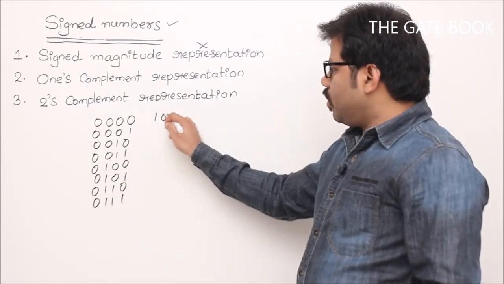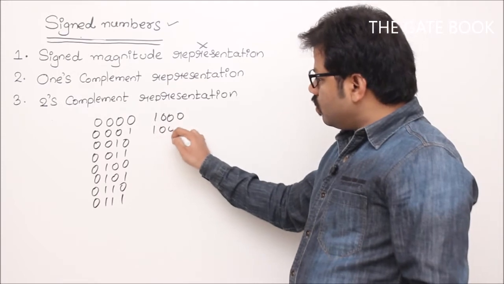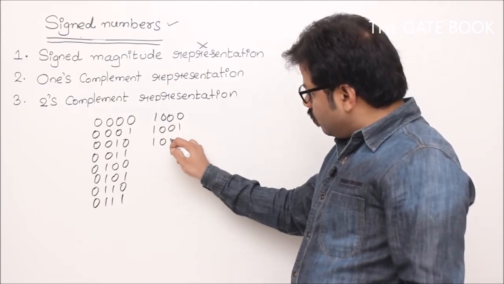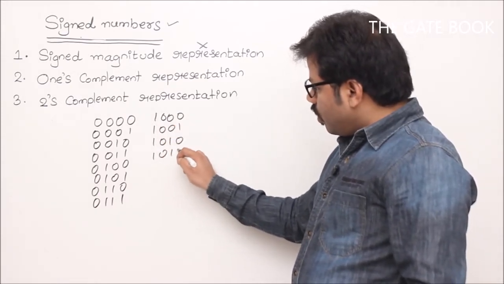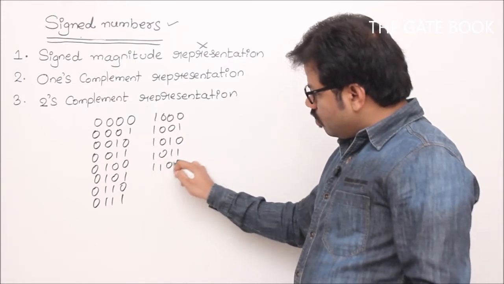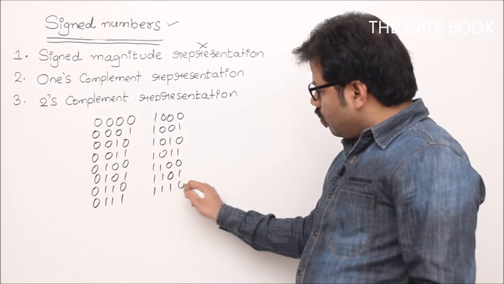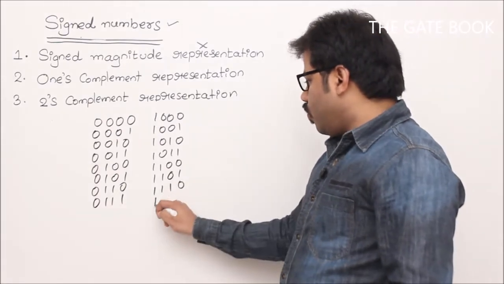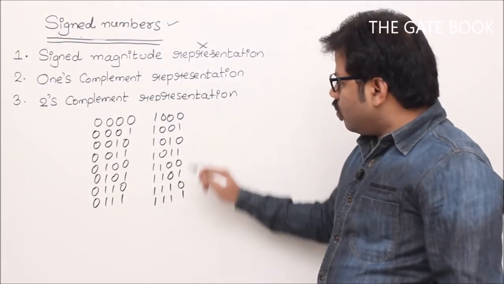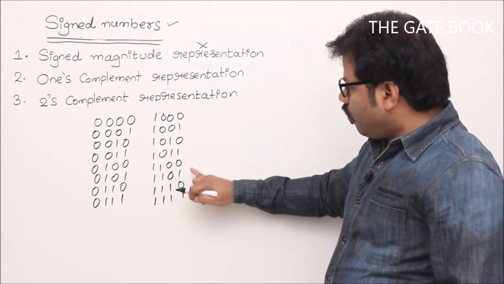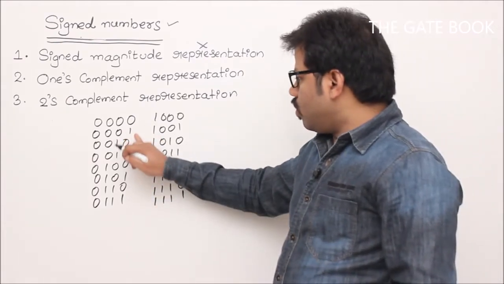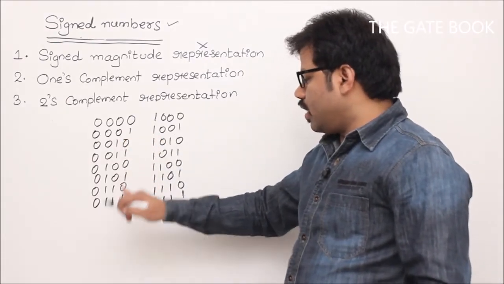Now 1 0 0 0, 1 0 0 1, 1 0 1 0, 1 0 1 1, 1 1 0 0, 1 1 0 1, 1 1 1 0 and 1 1 1 1, correct? So 1 to 8 here, 1 to 8 here, correct?